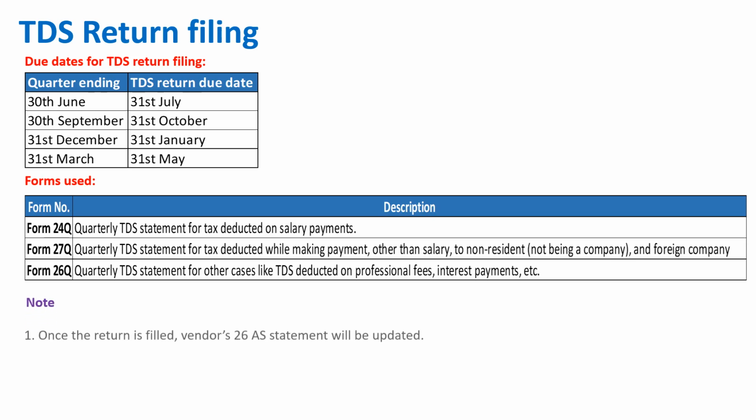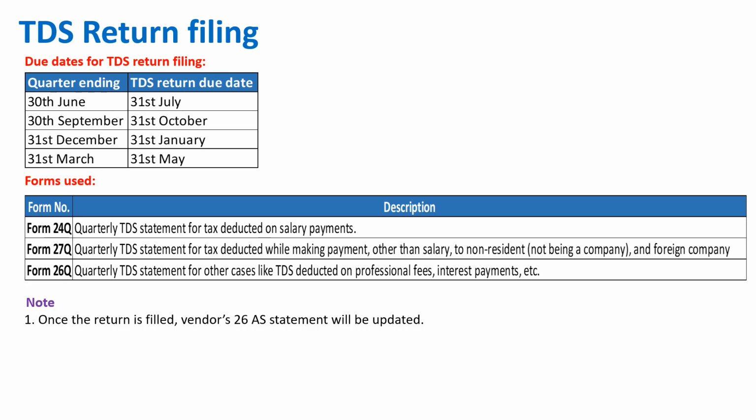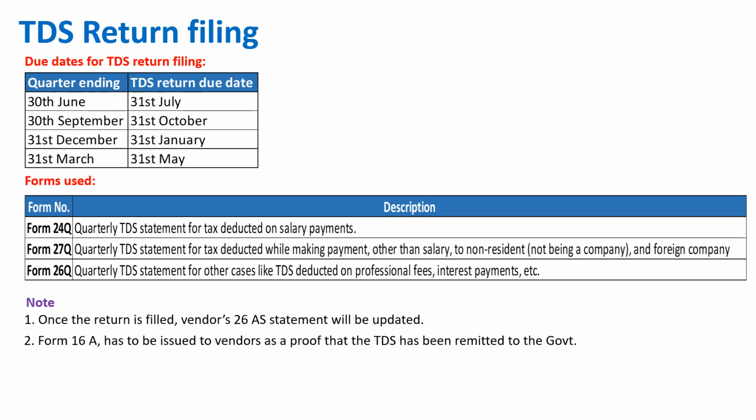Certain things you have to keep in mind. Once the return is filed, the vendor's 26AS statement will be updated, because you are sharing the PAN details and the government will pass on the credit to the vendor. Form 16A has to be issued to vendors as proof that TDS has been remitted to the government. In case of salary, it is Form 16, but in case of other parties, it is Form 16A.